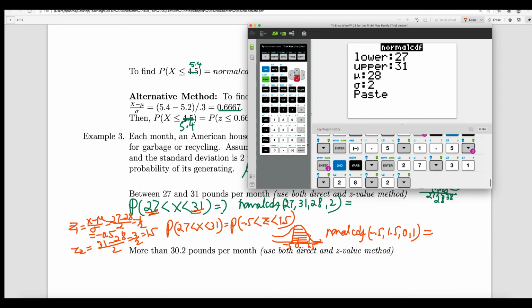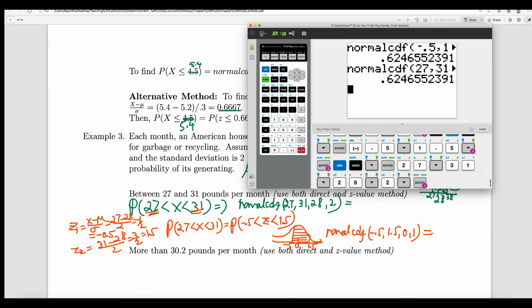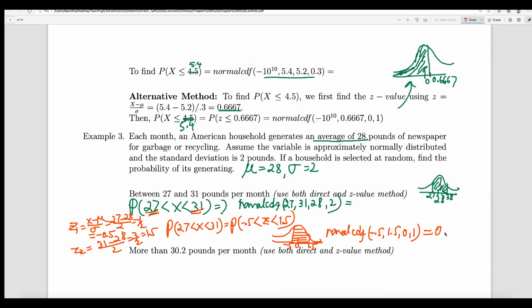And if you hit enter, you will get 0.6247 again, exactly the same value. So either method will give you exactly the same value, 0.6247. That's what you get. So you can use this method or that method.